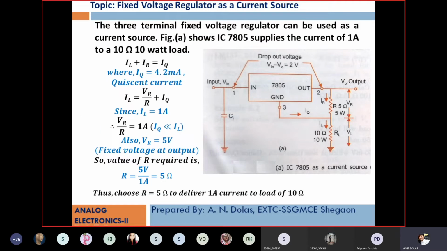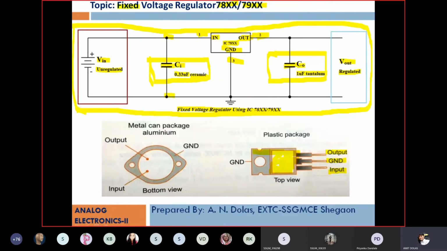Then this is the fixed voltage regulator. Can we use this regulator as a variable voltage regulator? Of course, yes. But you cannot obtain a variable regulator within the output range of the fixed voltage regulator IC series. For example, suppose I am using 7805, which will provide you 5 volt fixed at the output terminal, V out and ground.